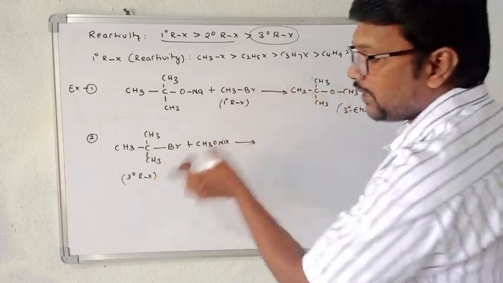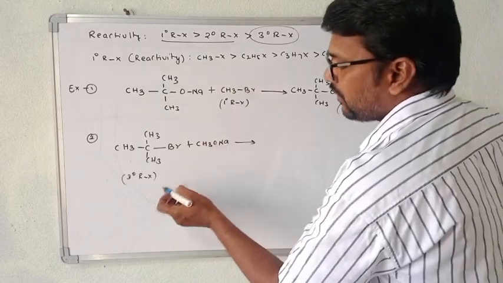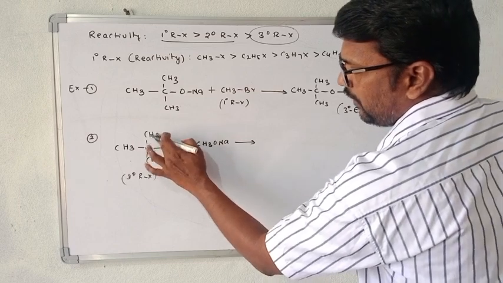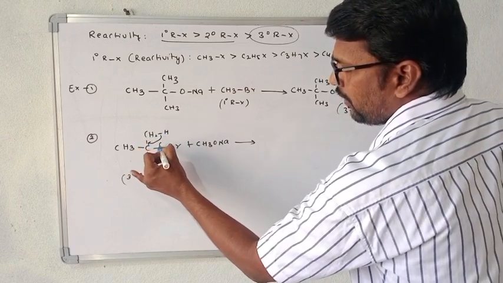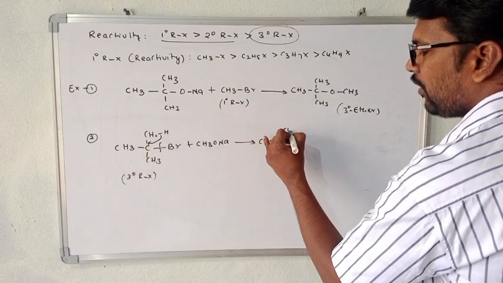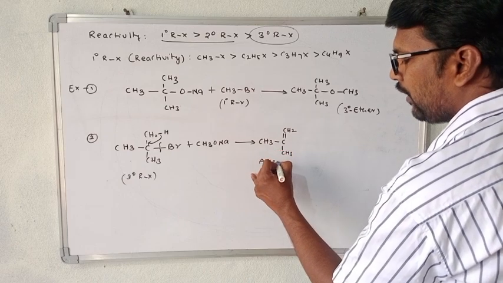So whenever we take tertiary alkyl halides, instead of substitution, elimination takes place. A hydrogen is removed, the bond shifts, and the bond breaks, so it forms CH3 C double bond CH2 CH3. That means the product is an alkene.